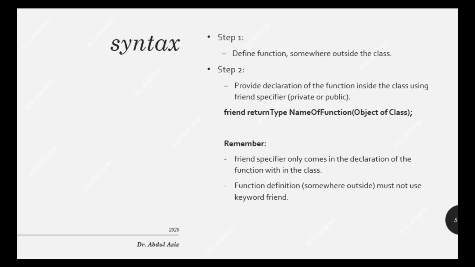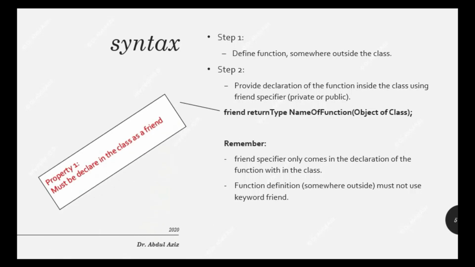So the first property that we need to remember while using friend functions is to declare the function as a friend within the class.